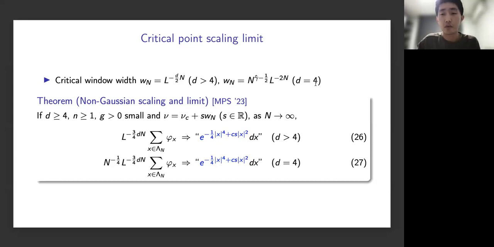For dimension equal to 4, there is an extra logarithmic correction. Within that window, when nu is equal to nu C plus s times the window size, the same object converges to a non-Gaussian limit, but with an extra factor of exponential minus C s times x squared.